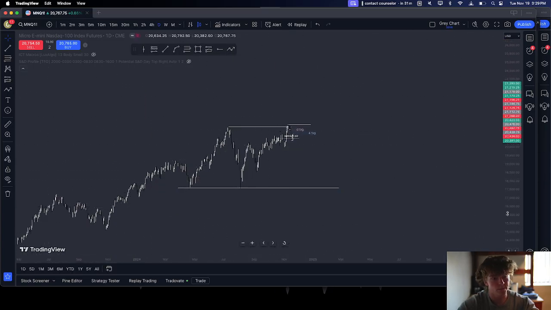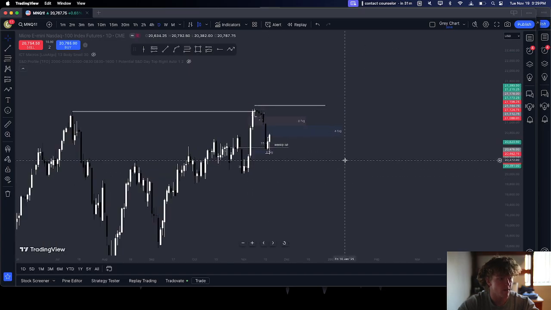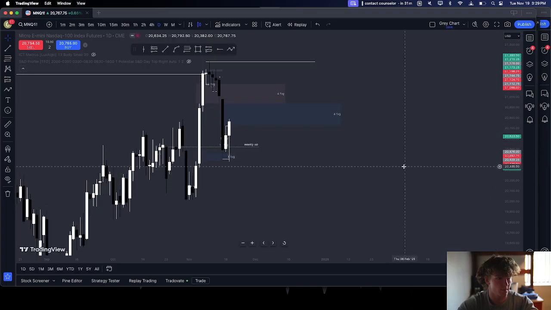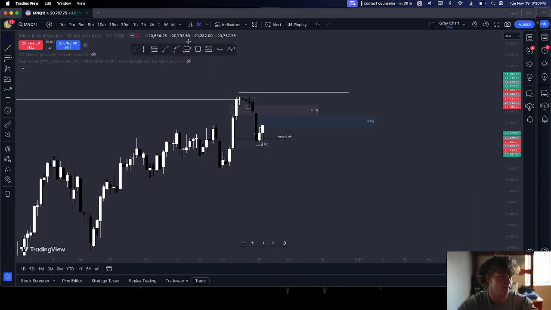It's always better to have a bullish bias on the S&P and NASDAQ, because in previous years the S&P is bullish overall. But yeah.